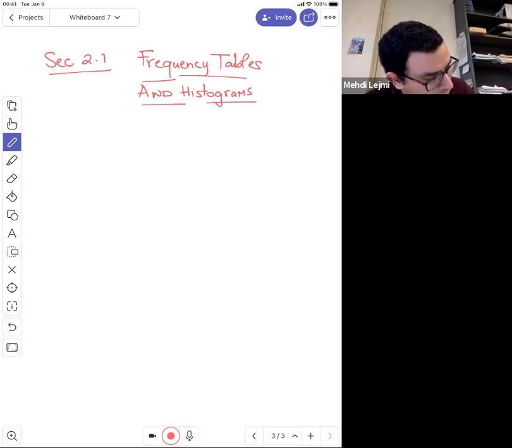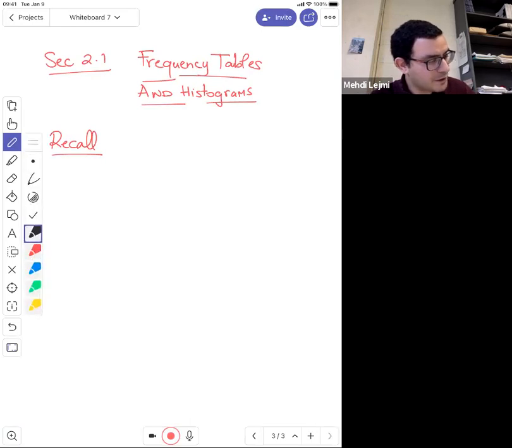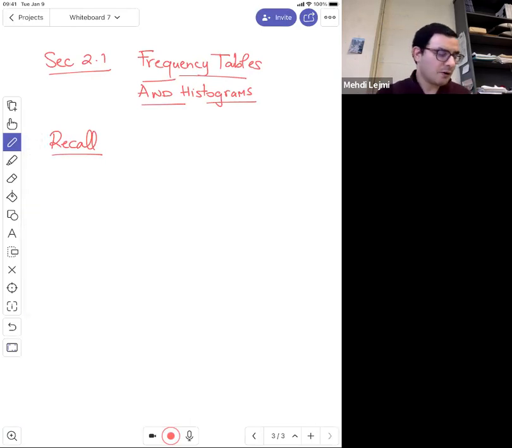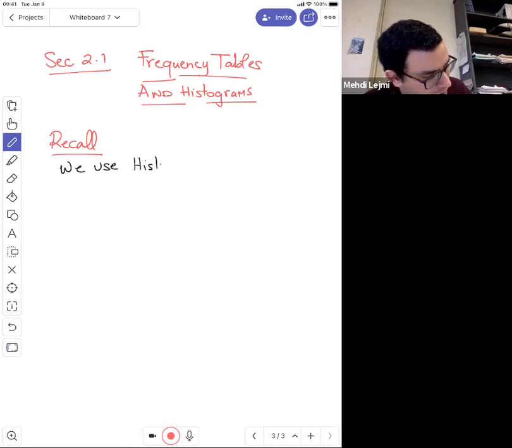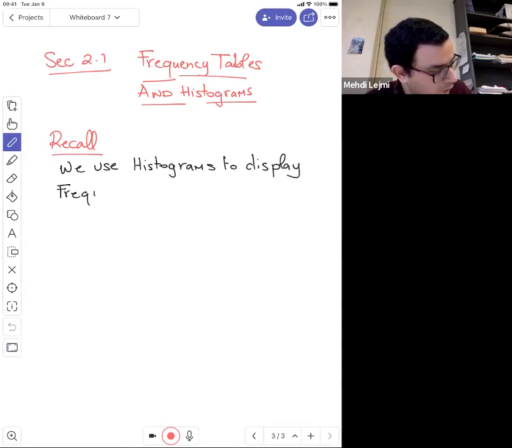So just to remind you, if you want to display frequency or relative frequency, then we can use histograms. So we use histograms to display frequency or relative frequency.